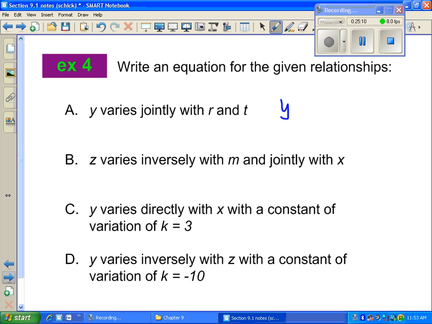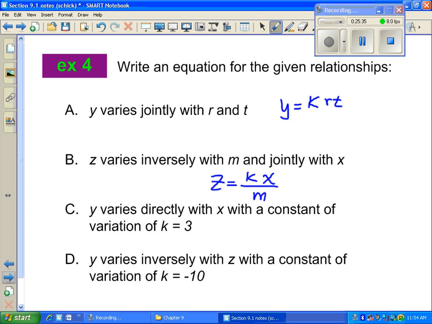So Y varies jointly with R and T. Z varies inversely with M and jointly with X. When it says jointly, you assume that's direct.